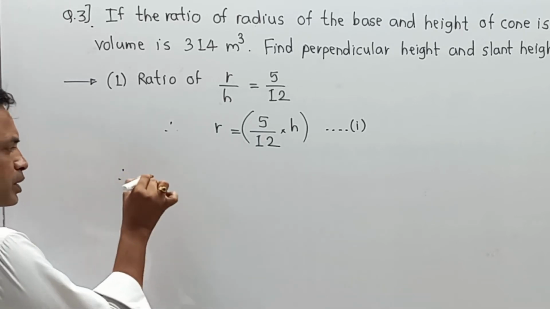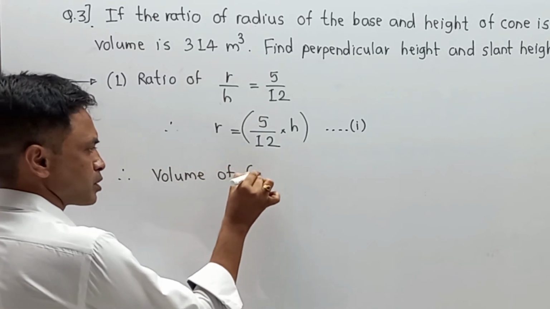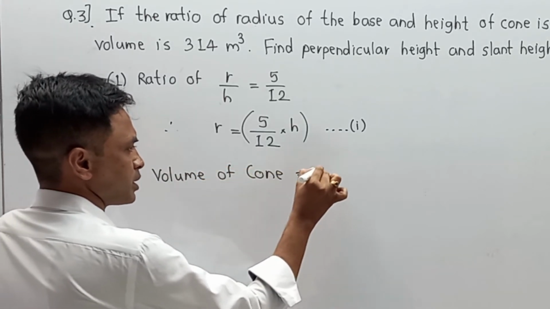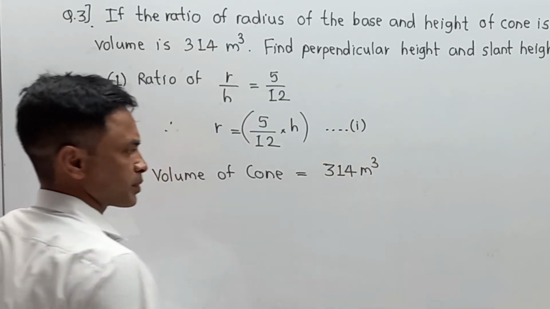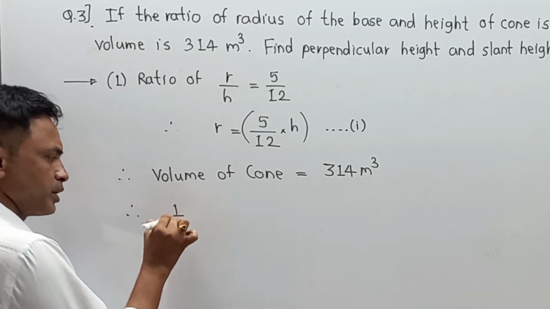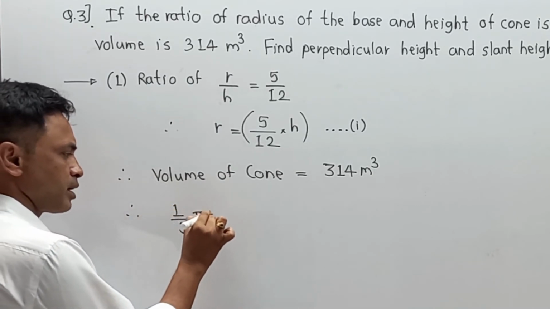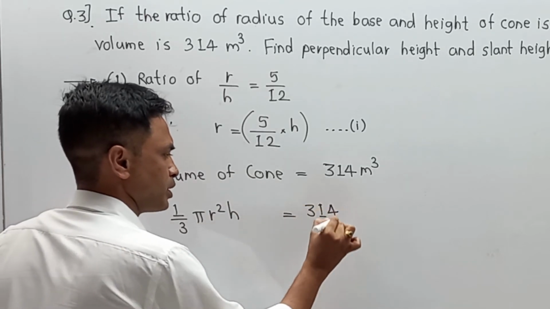Now second part, they have given the volume of the cone as 314 cubic meter. We know that volume of a cone is 1/3 pi r square h, equal to 314.